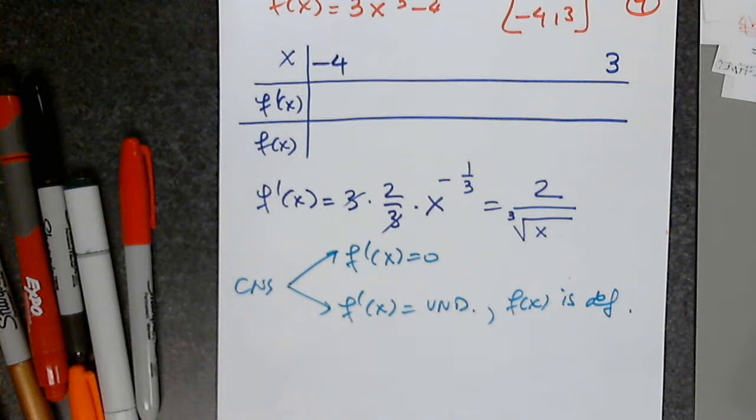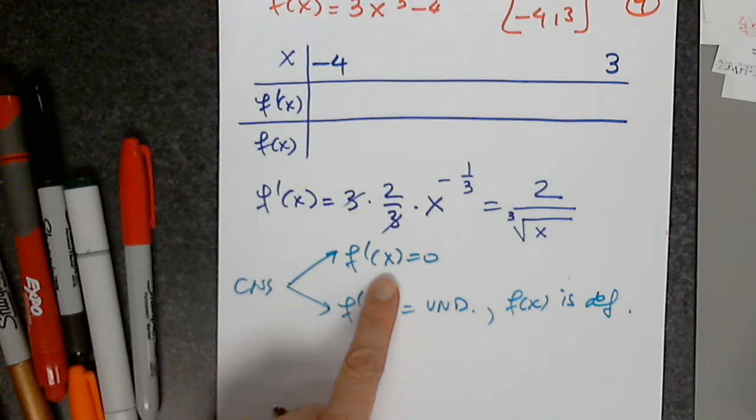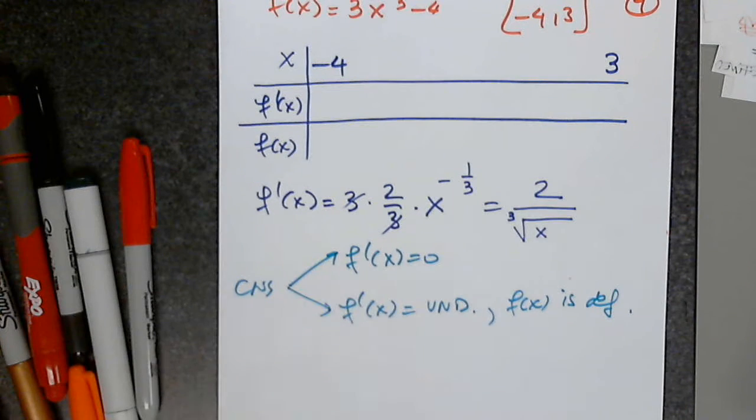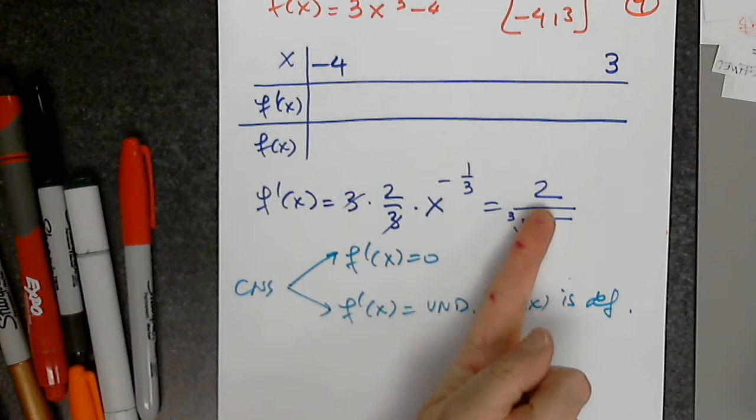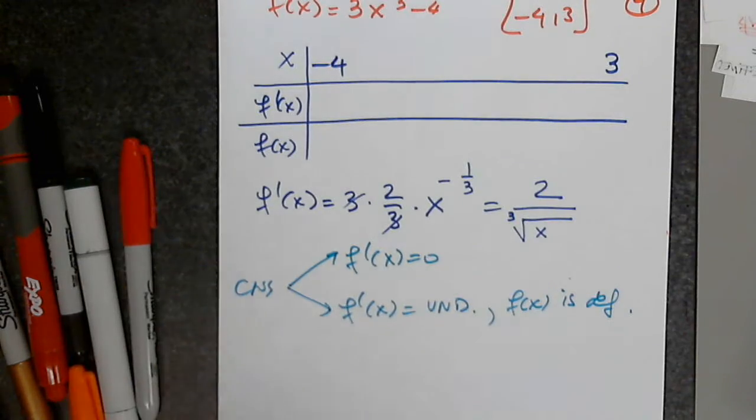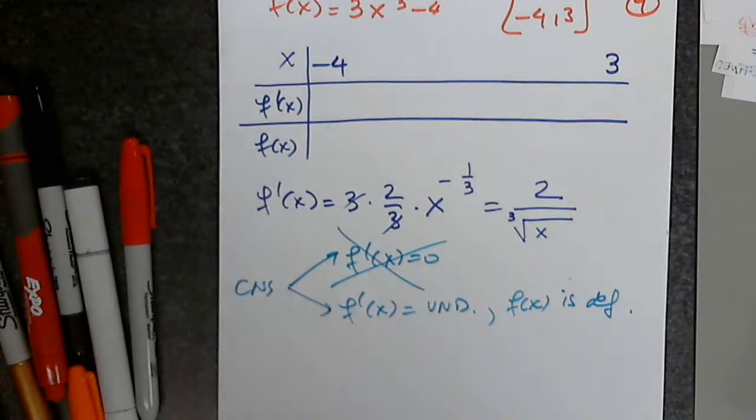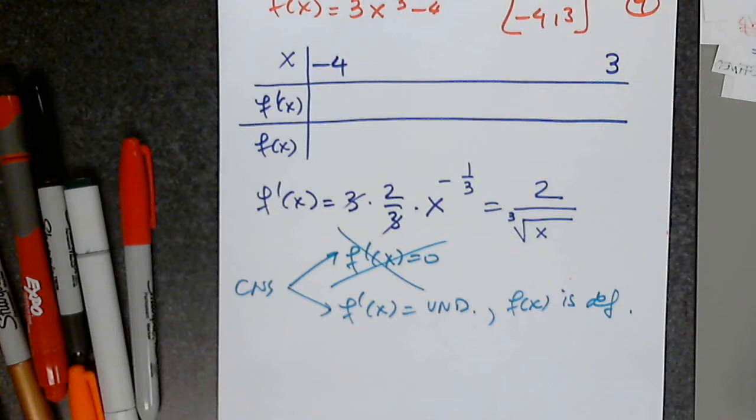So let's look at f prime of x, 2 over the cube root of x. Can this be 0? Why can it not be 0? Because a fraction is 0 only if the top is 0. But can 2 be 0? Can I replace 2 by 0? No.